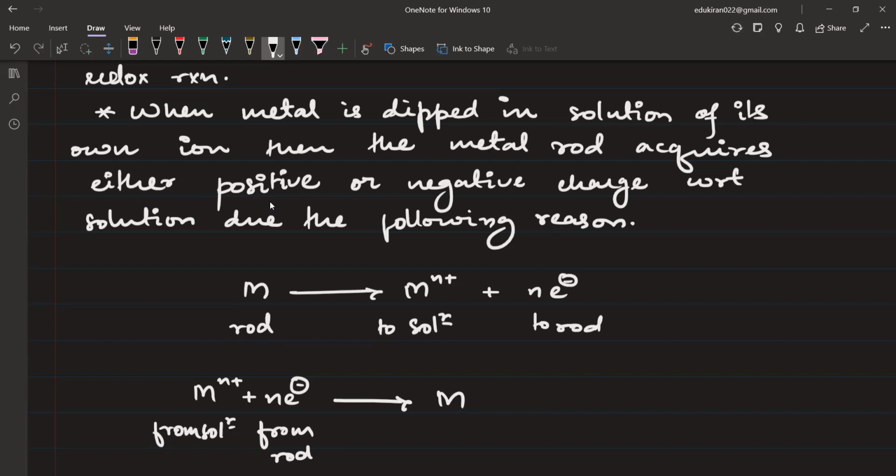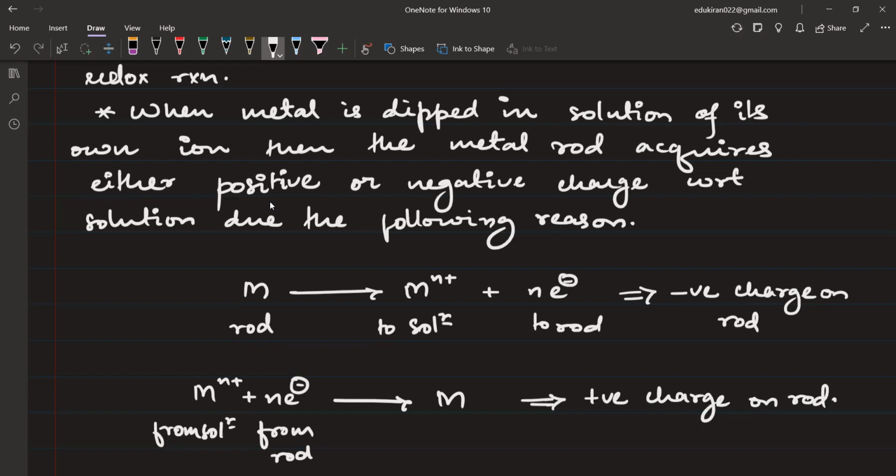So some metal ions have a tendency to get converted to metal atom. So this leads to negative charge on rod, and this leads to positive charge on rod.